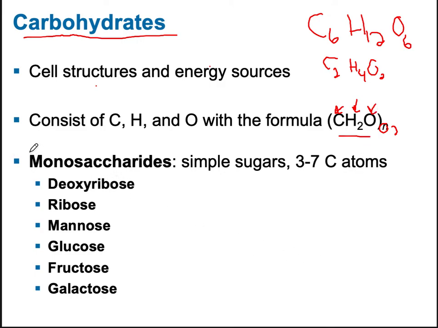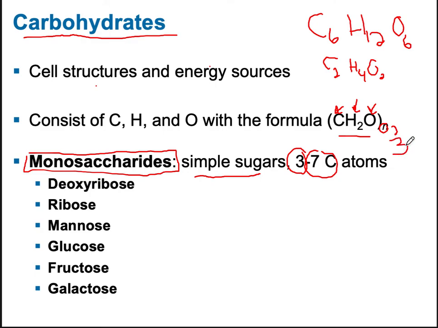Okay, so what are the carbohydrate monomers? We call them monosaccharides. They are the simplest of the sugars, right? And they can be anywhere from 3 carbons to 7 carbons. So you can make this in, it could be a 3, it could be a 4, all the way up to 7, okay?